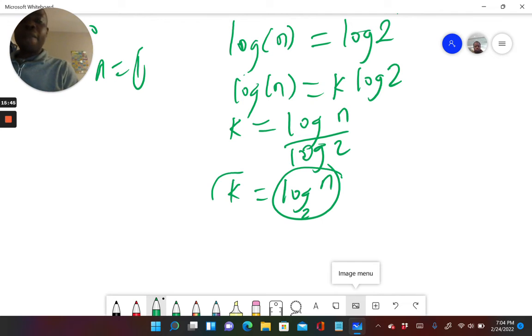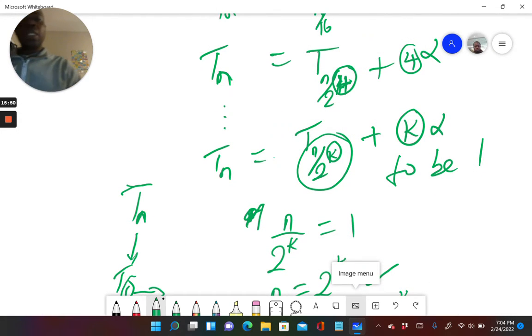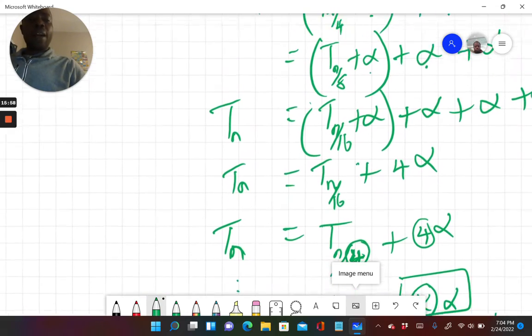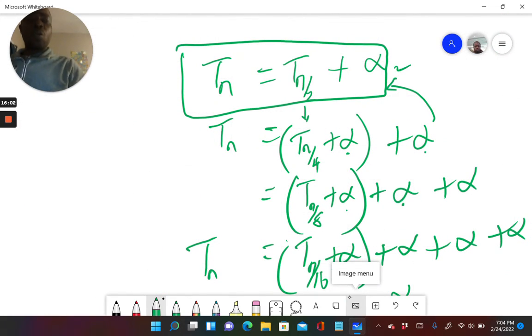Now, this k, if you look at the k here, k actually represents your number of iterations. Look at when we started from the first one. For the second one, I have this, so that's 2 raised to the power 2. That's the second iteration.